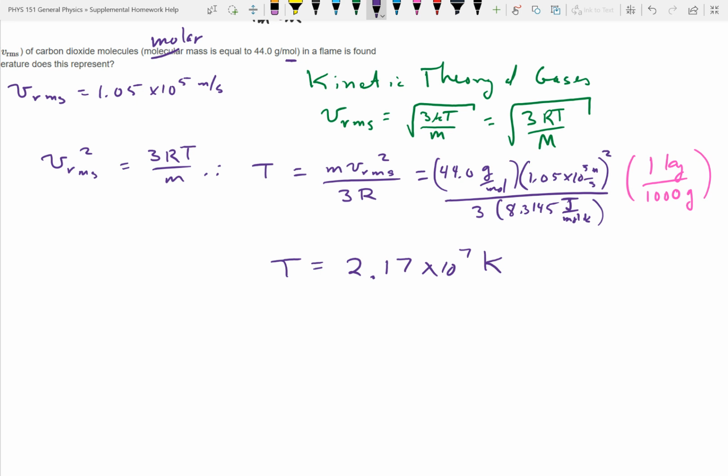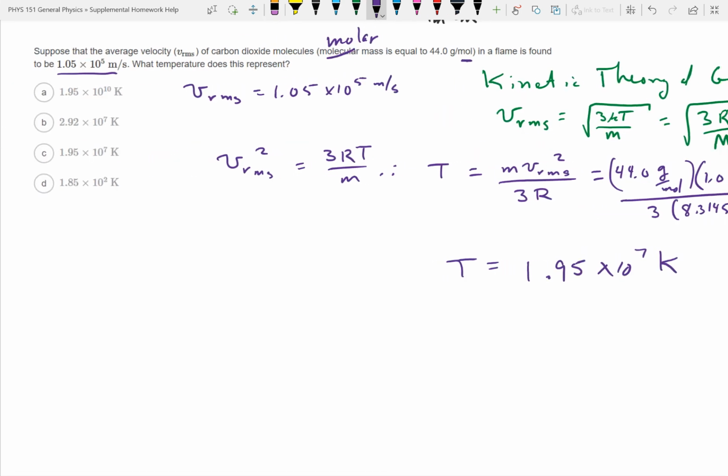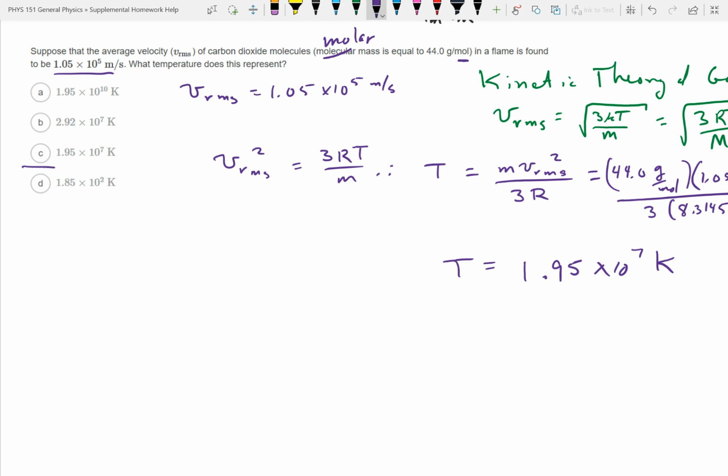That's only the first part. Then divide by 3R. 1.95. Yeah, I'll go with 1.95. I got 1.9448, but that would round to 1.94 then. But see, they can't round either.